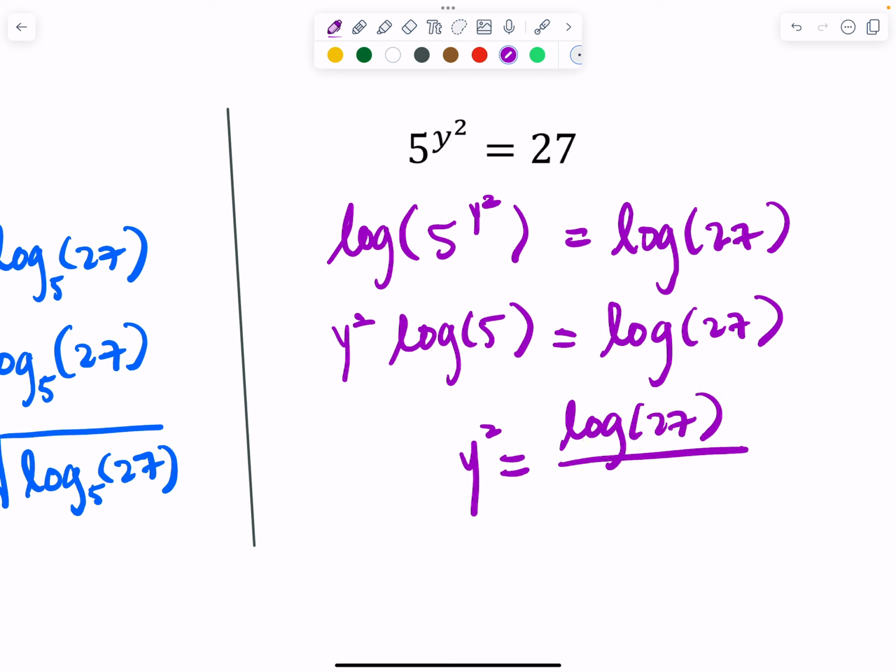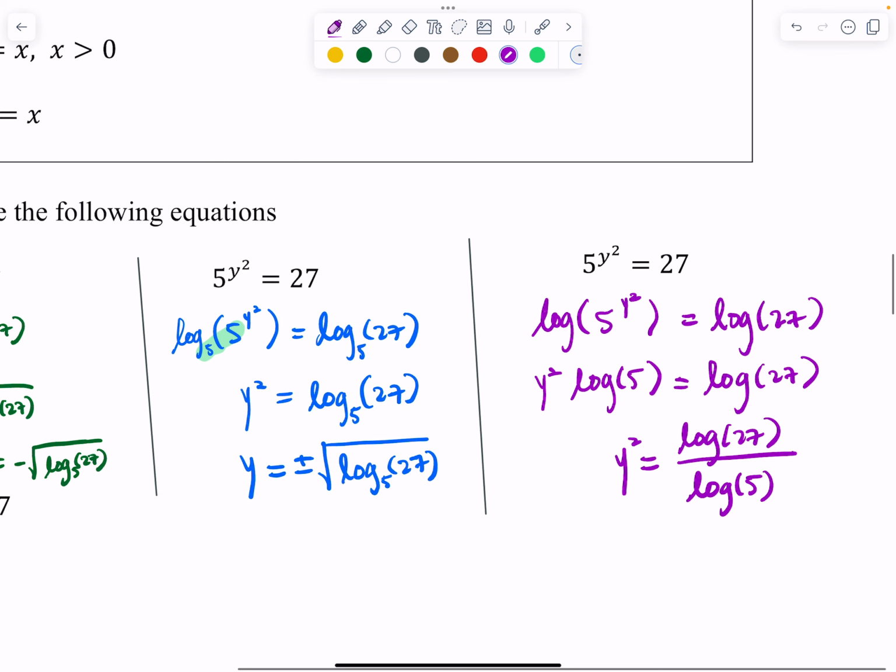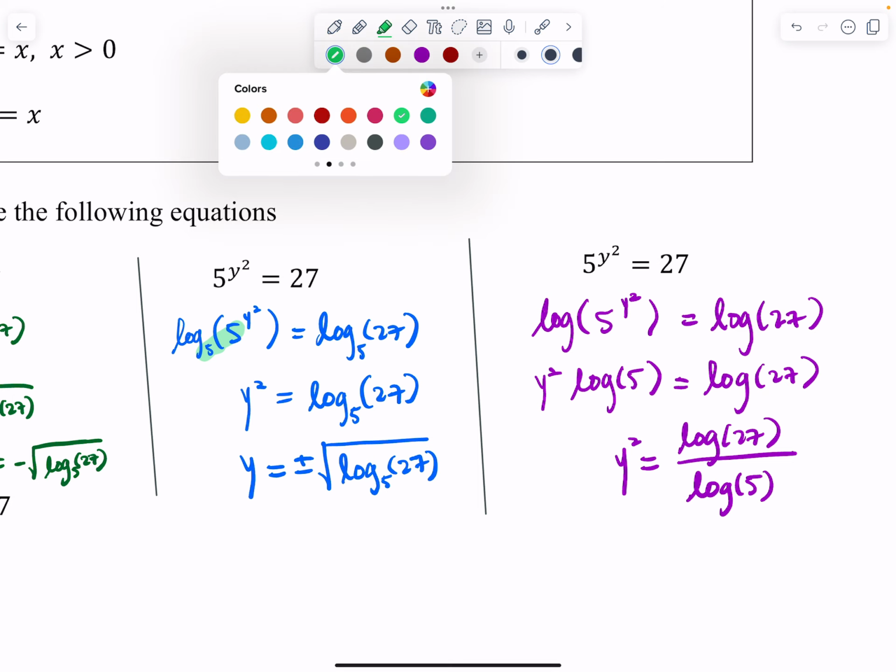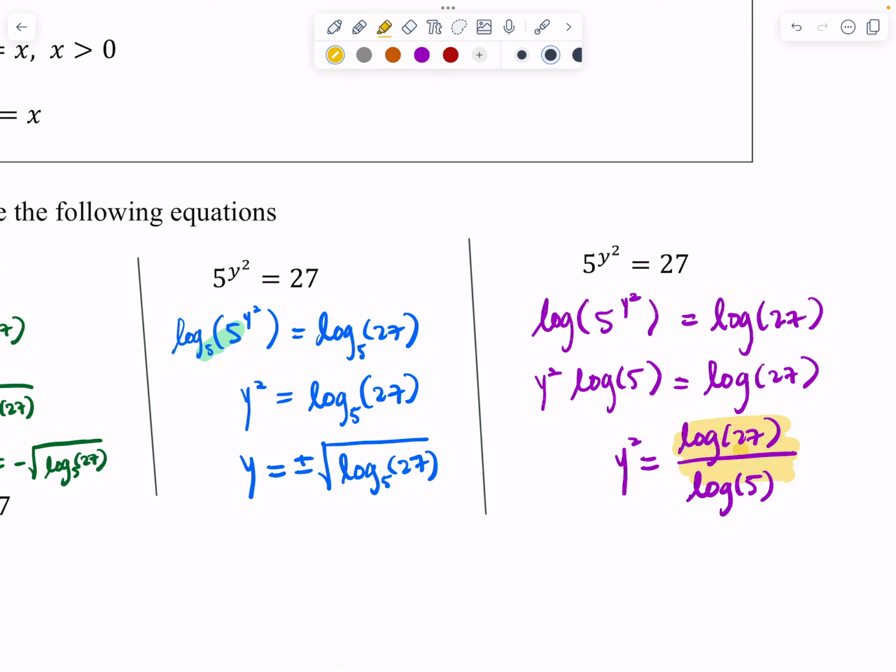We're going to pause here for a second. Notice that we're at the point where we have y squared on the left-hand side. Log of 27 over log of 5 is the same as the log base 5 of 27 by the change of base formula.